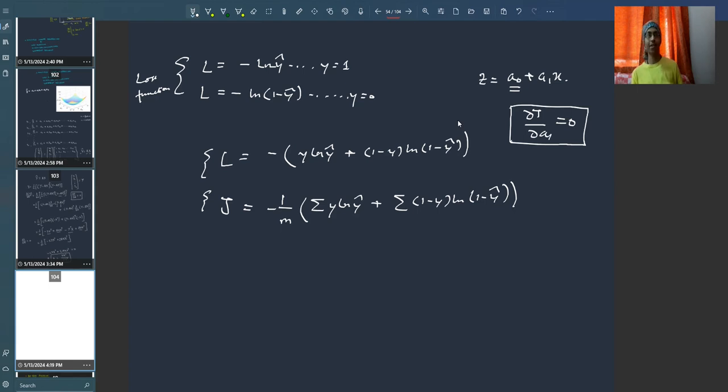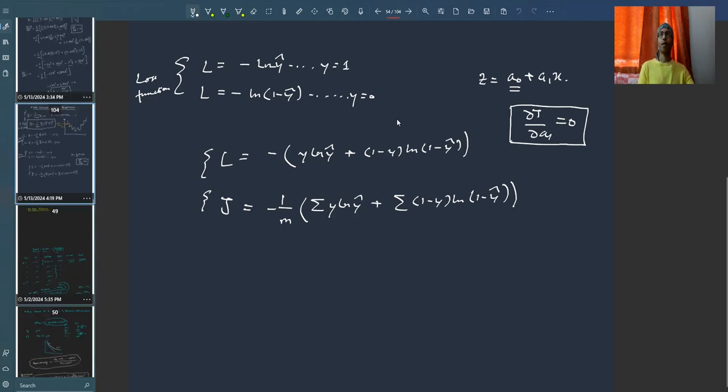Now this leads to a very interesting situation, friends. When we differentiate del J by del a1, the expression that we get is exactly the same that we get in linear regression. Let us try to derive that form through differentiation. Those who have interest in calculus can go through this part. It's going to be very interesting how the derivation happens through the application of calculus.